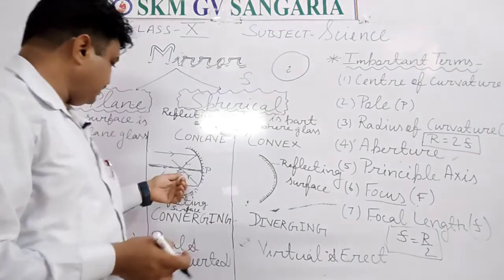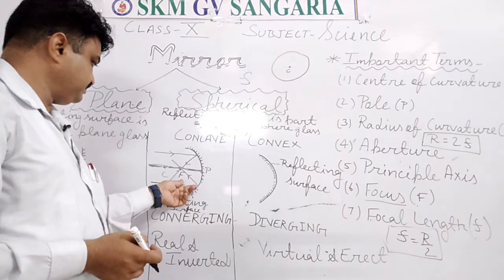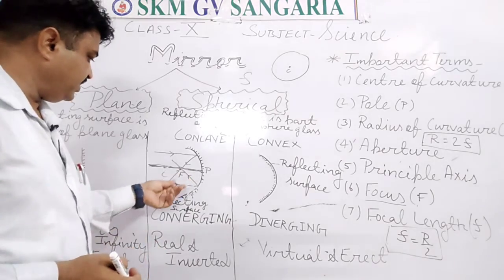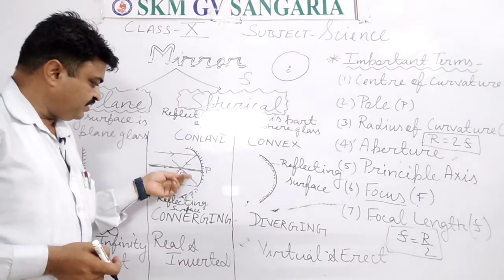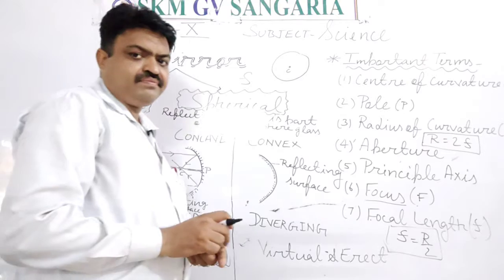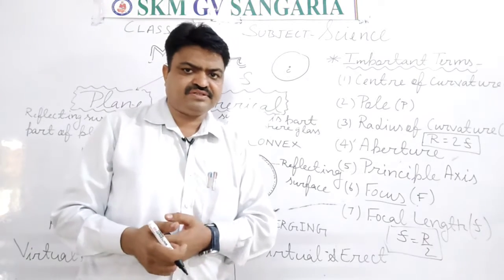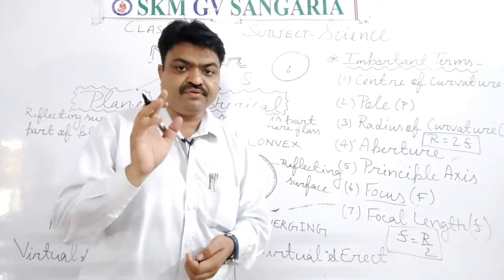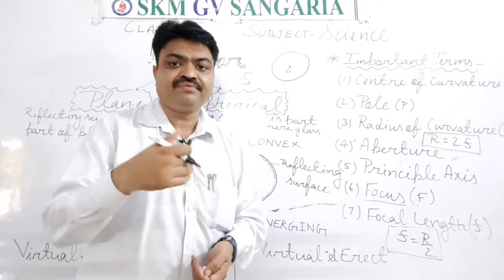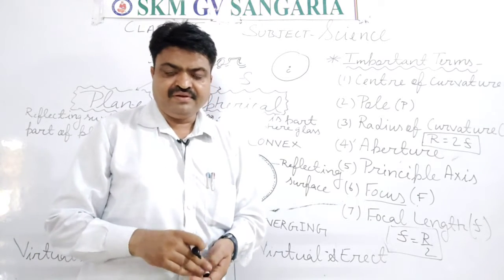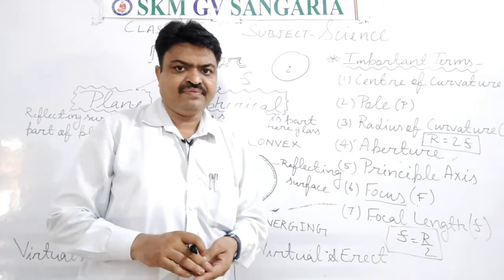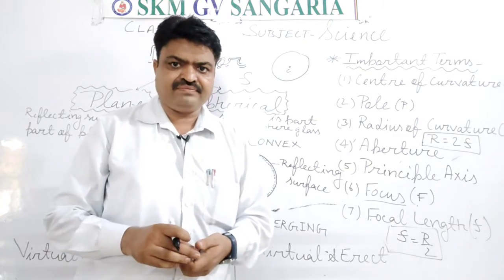If the focal length is 12 centimeter, then what will be the radius of curvature? It will be double, so it will be 24.